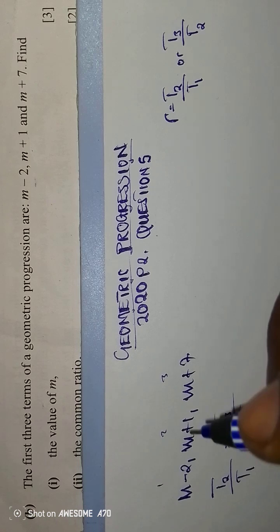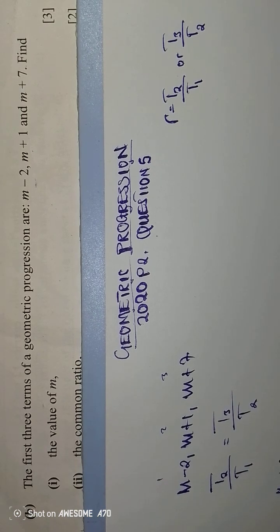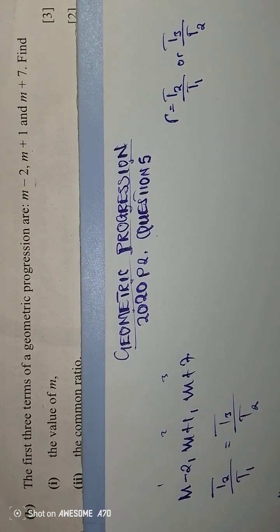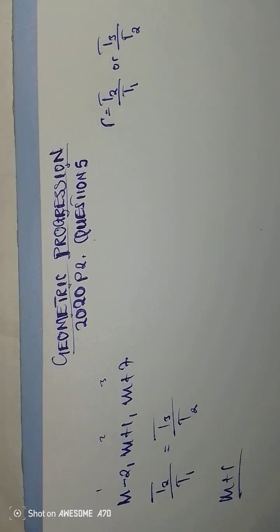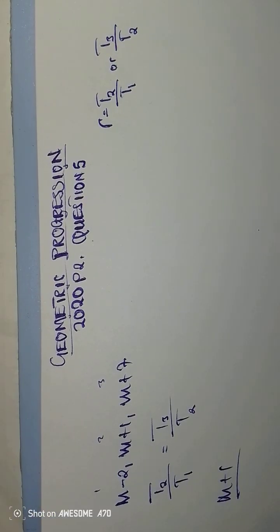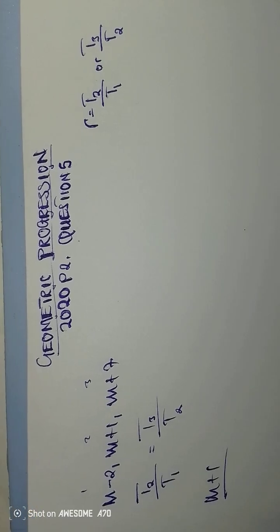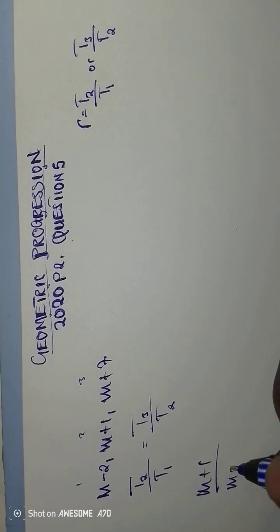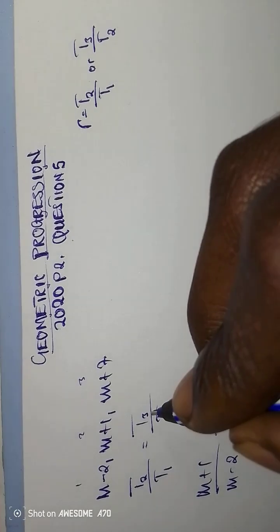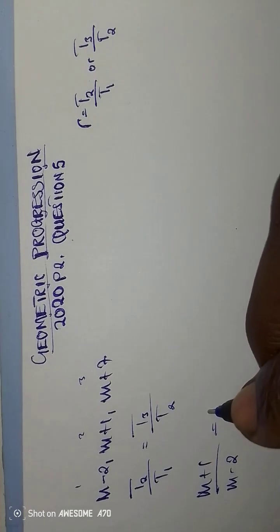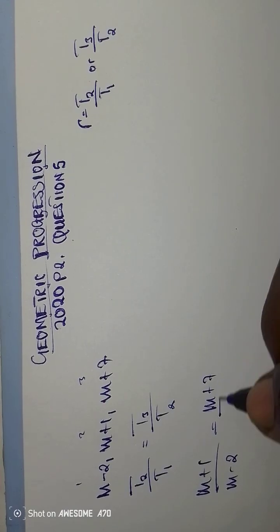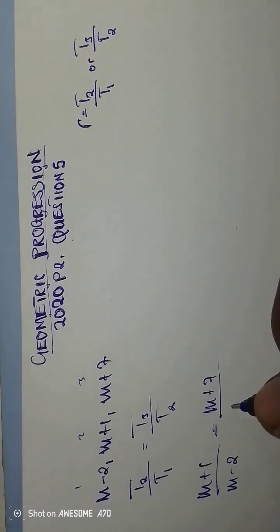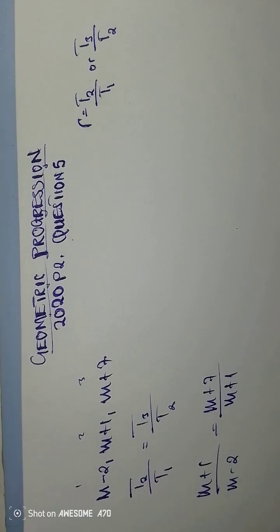So our second term is m plus 1 over our first term, m minus 2. This is equal to our third term, m plus 7, over the second term, m plus 1.